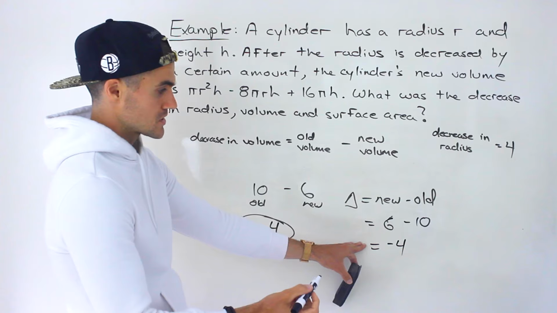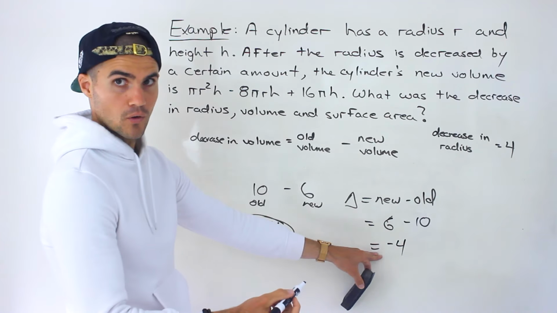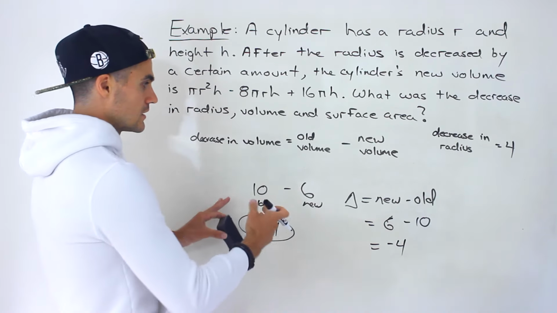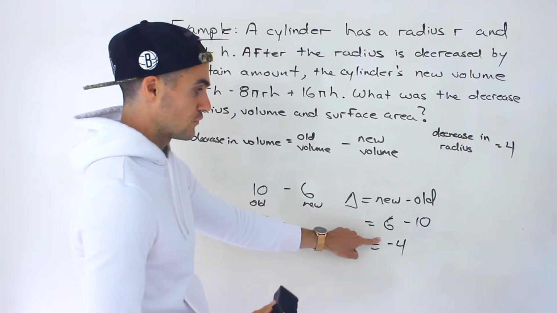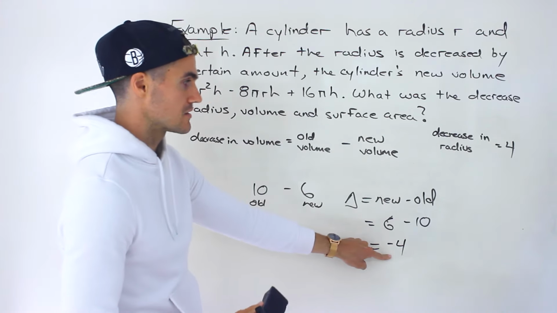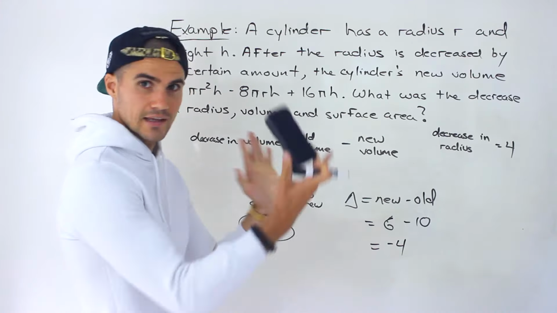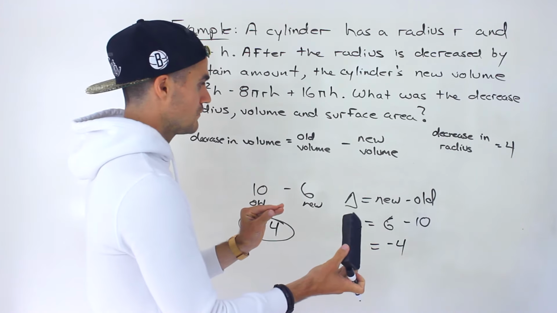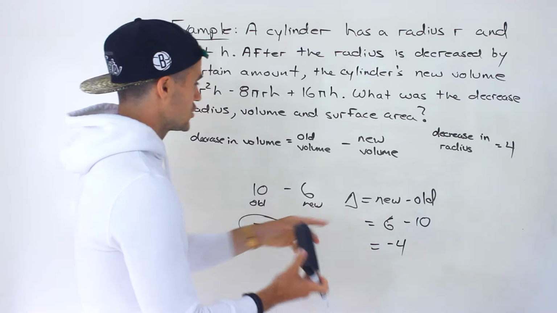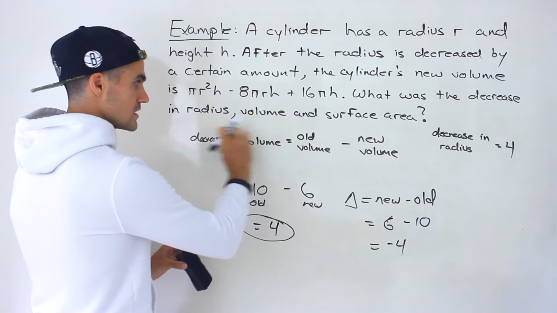So that shows us that it decreased by 4, but we don't say there was a decrease of -4. We just say there was a decrease of +4, right? We take like the absolute value of that. So we're not really using the change, we're finding the decrease.